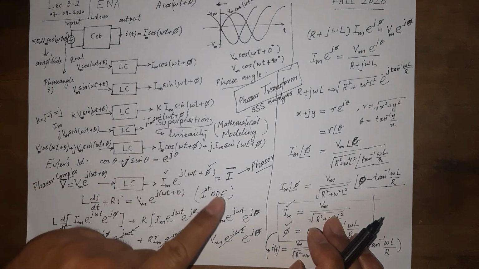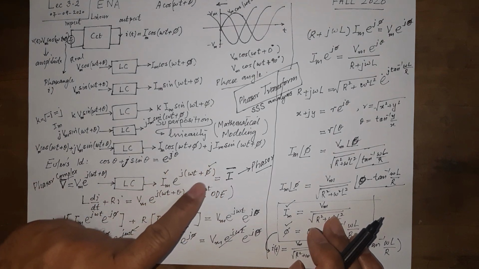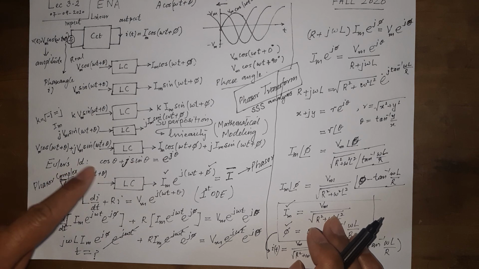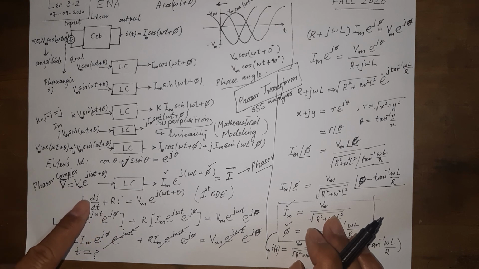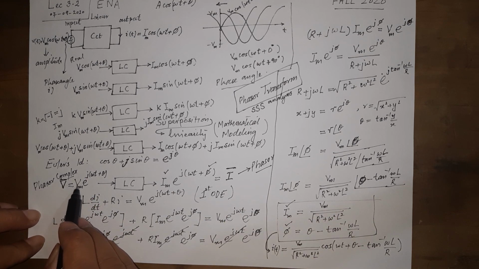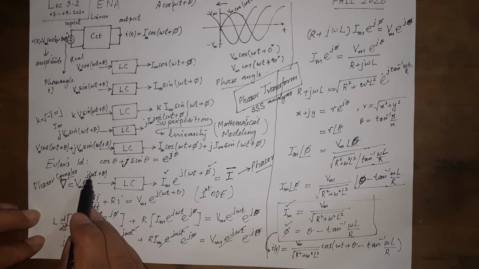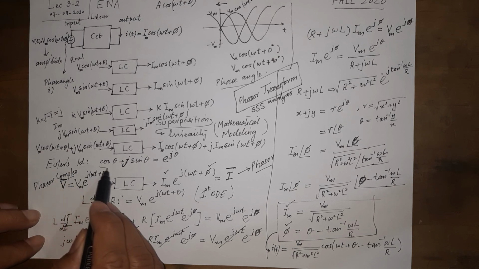And what is a phasor? A phasor is a complex quantity. So these complex quantities are not real, but we can use maths to simplify things. So we have solved this first order differential equation using these complex numbers or the phasors. And if you look closely, this is a complex number in polar form.